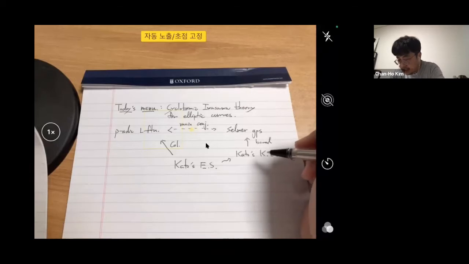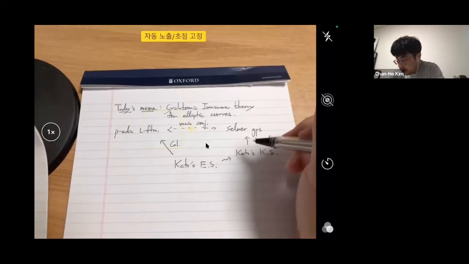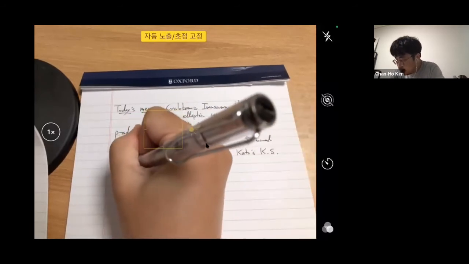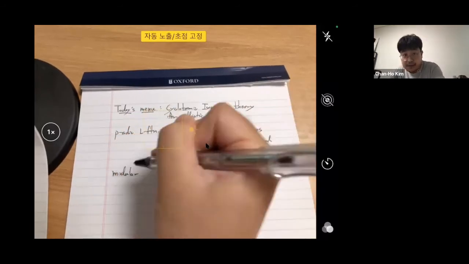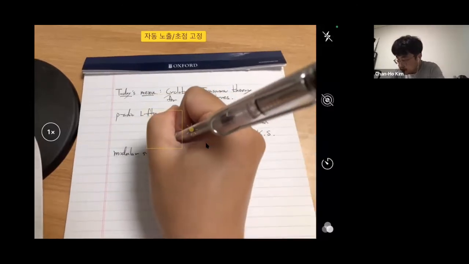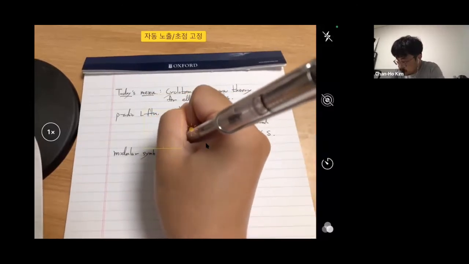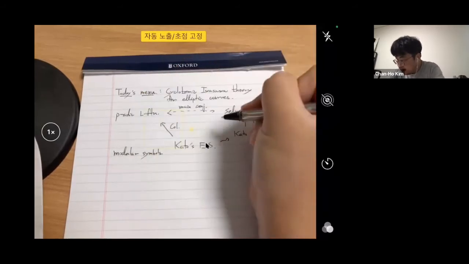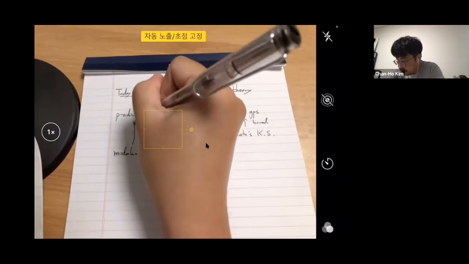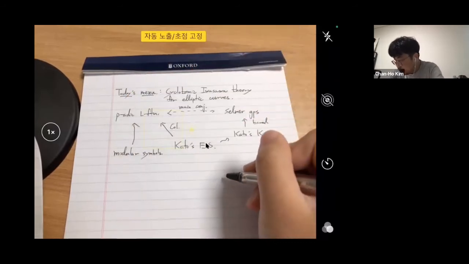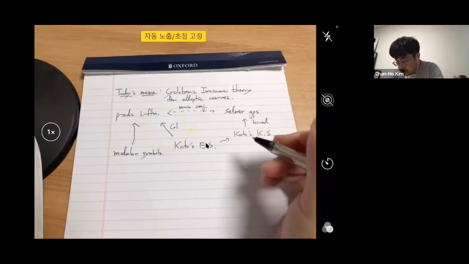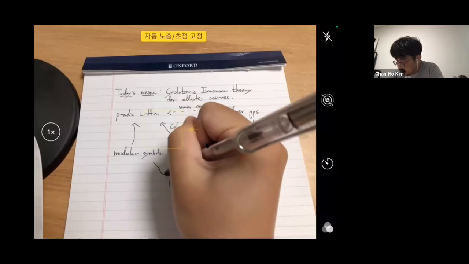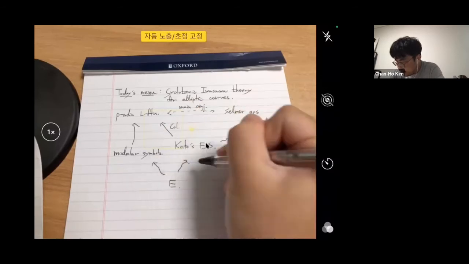Another way to obtain the p-adic L function is to use modular symbols. Directly from modular symbols, we can construct the p-adic L function. Of course, these modular symbols and Kato's Euler system come from one fixed elliptic curve or modular form.